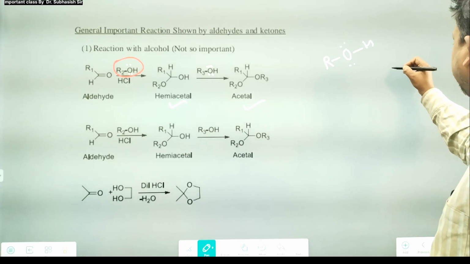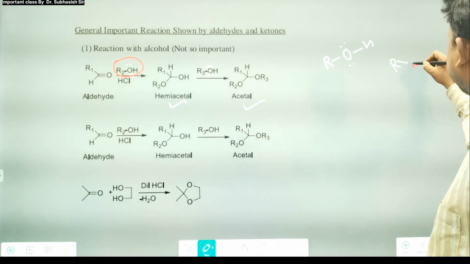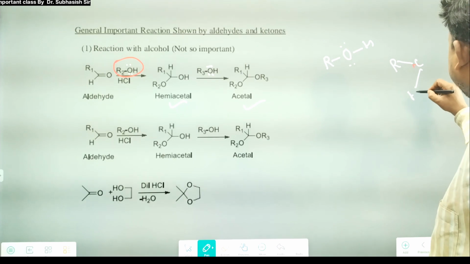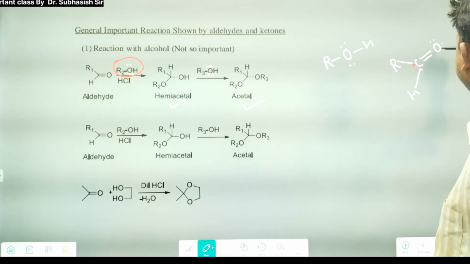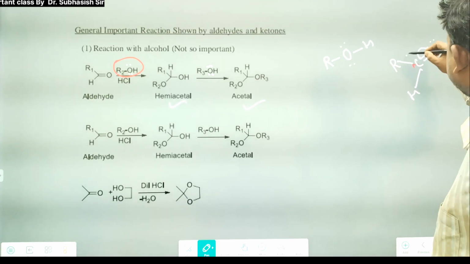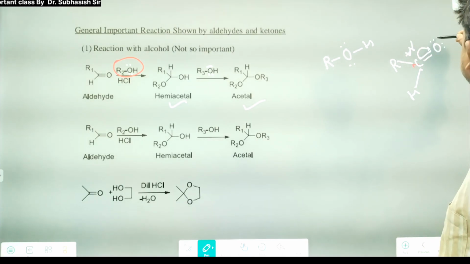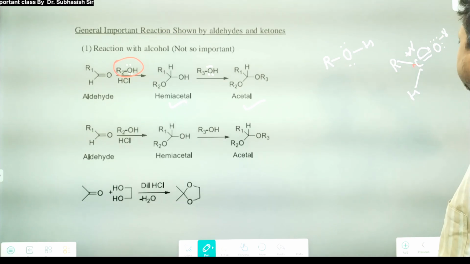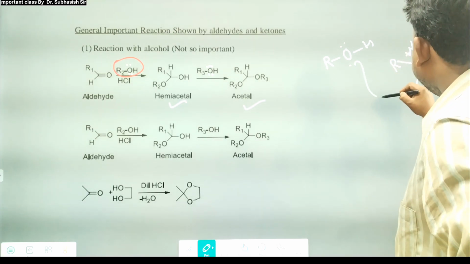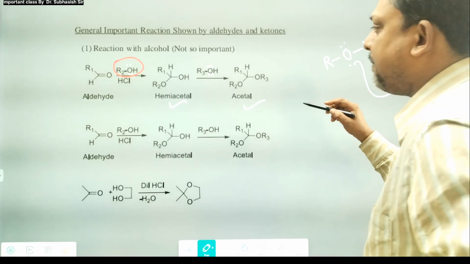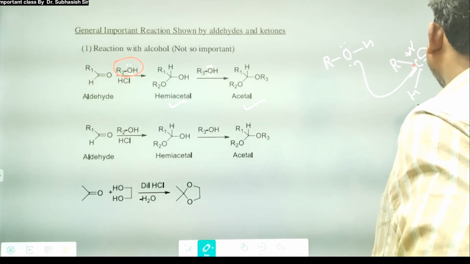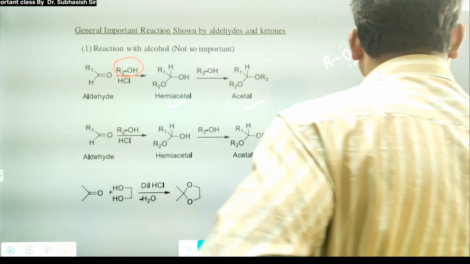And in case of aldehyde, as I already discussed with you, due to the electromeric effect this carbon gets a partial positive charge and this oxygen gets a partial negative charge. So obviously the RO can attack this carbon, and then you will get hemiacetal.